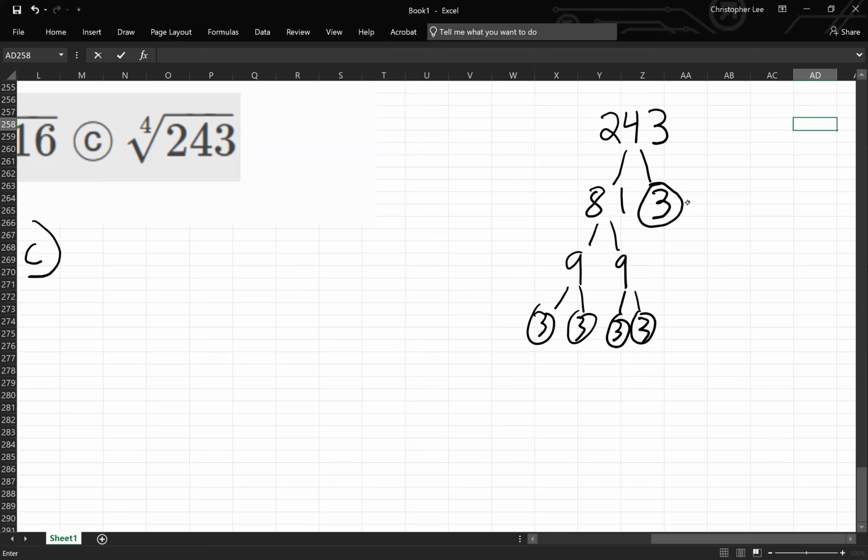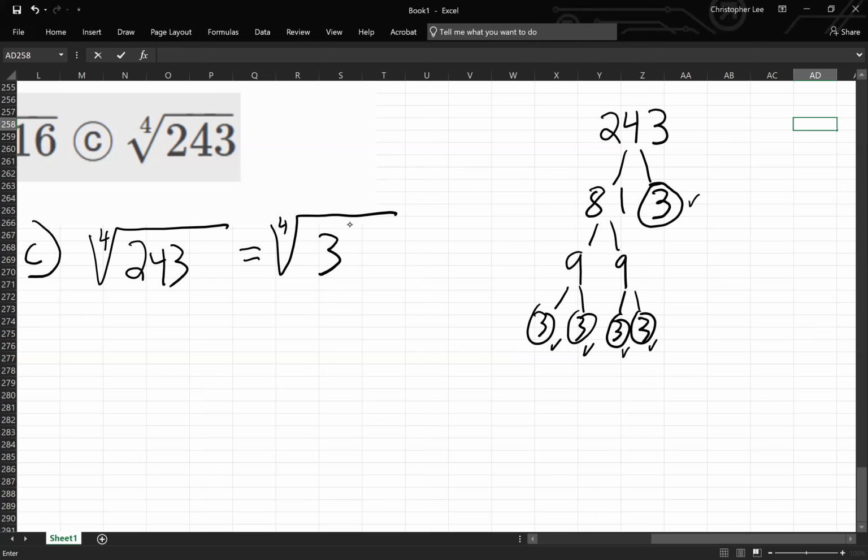I have one, two, three, four, 5 threes. What does that tell me? That tells me that the fourth root of 243 is equal to the fourth root of 3 to the fifth power. 3 to the fifth power is equal to 243.